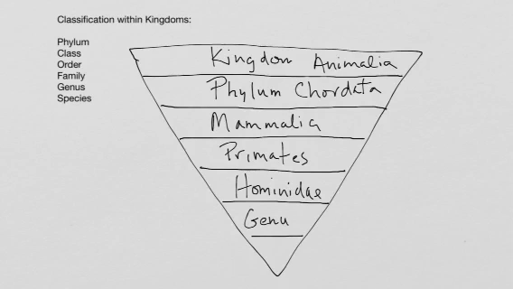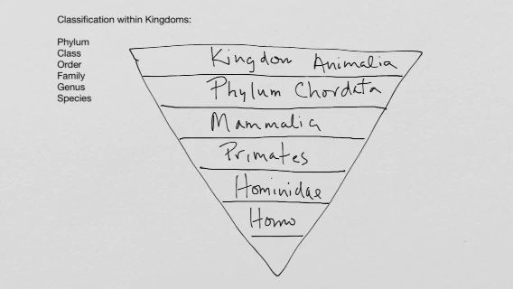Genus, of an organism is the first word of its 2-word scientific name. All right, and I'm going to undo this and write the genus of humans. We are genus Homo.